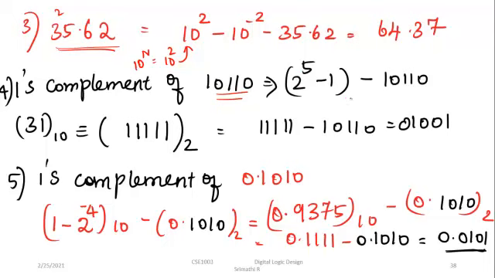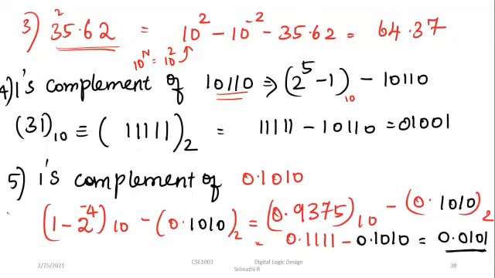Convert the resultant into binary and then subtract. 2 power 5 is 32, 32 minus 1 is 31, and 31's equivalent is 5 ones. So 1 1 1 1 1 minus 1 0 1 1 0 is nothing but 0 1 0 0 1. This is the ones complement of 1 0 1 1 0.